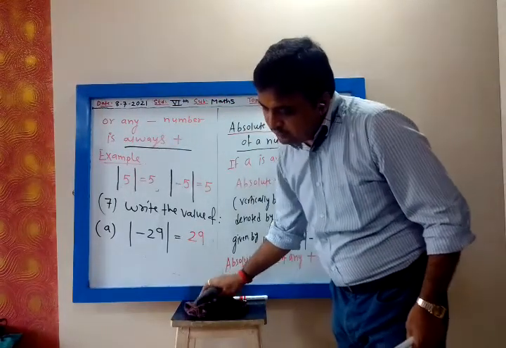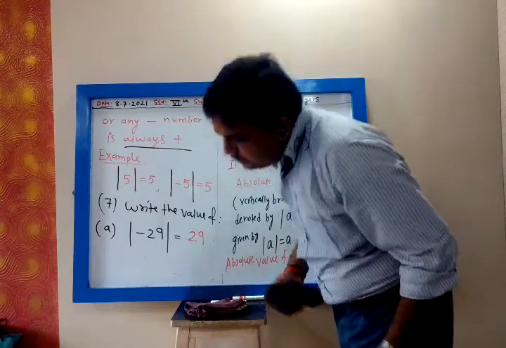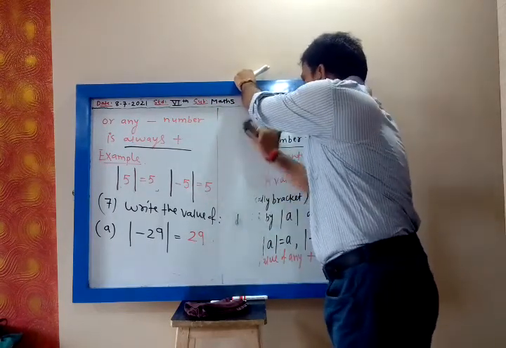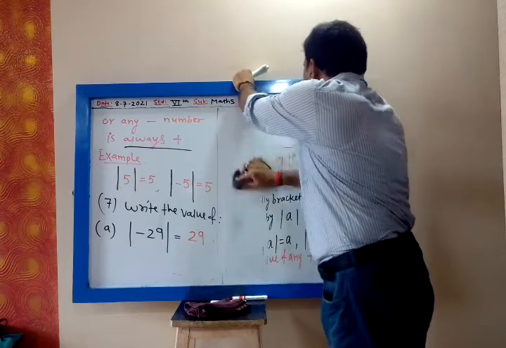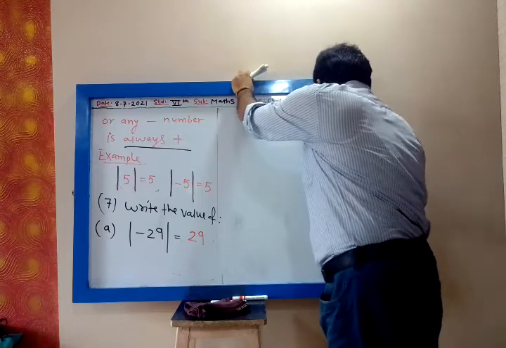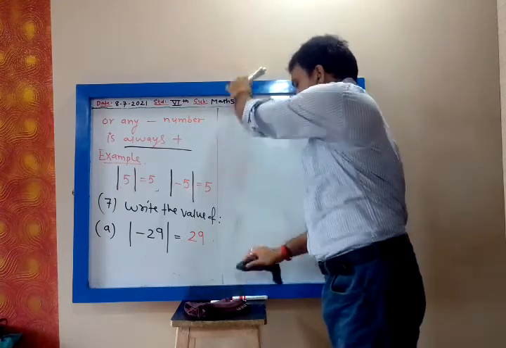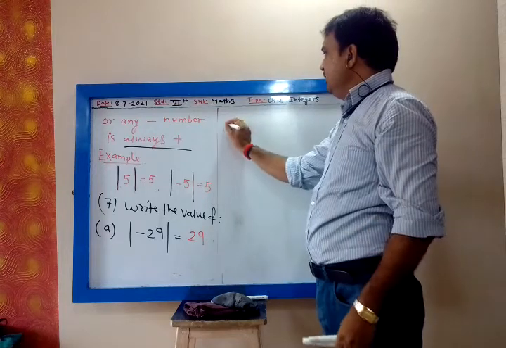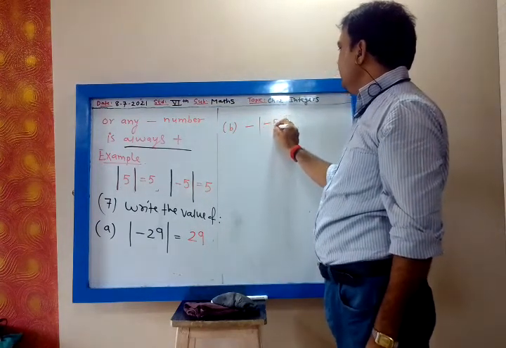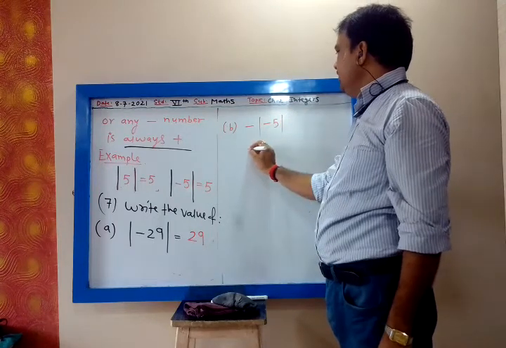Then B: minus of the absolute value of minus 5. It is a minus sign outside the bracket, my dear. So what will that be?